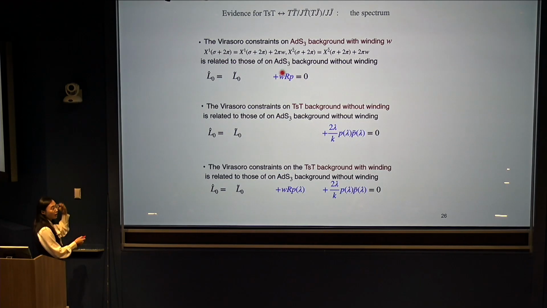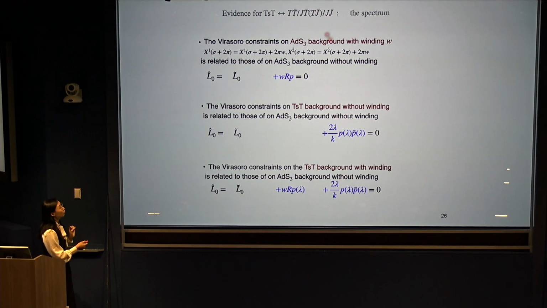W times R, where R is the radius, and P is the momentum of the spectral flow direction that you are introducing. And this is the ordinary spectral flow along a certain U1 direction. And this TsT operation, this non-local coordinate transformation, can also be interpreted as a spectral flow transformation, and that will introduce another term.